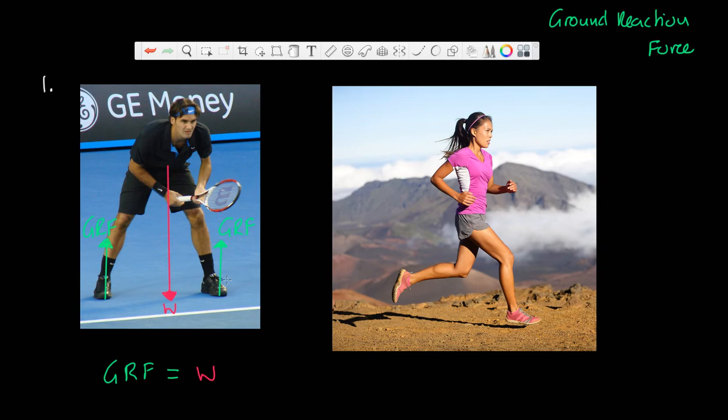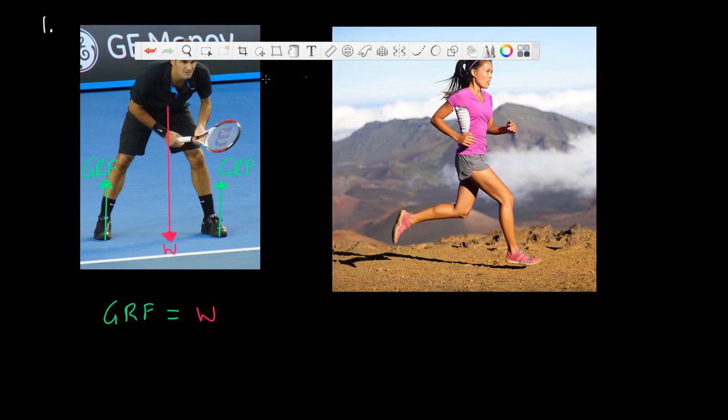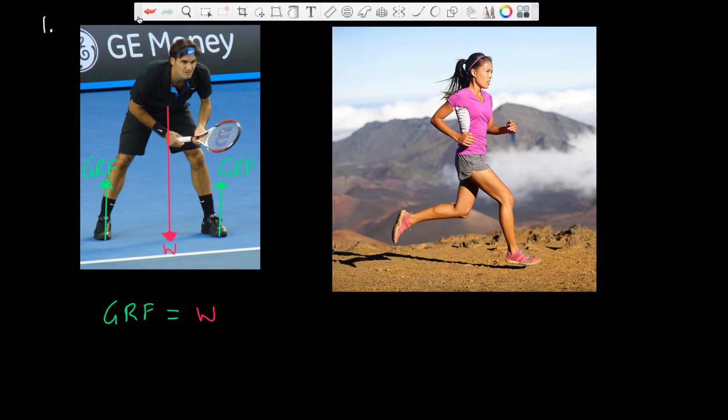So the result of this is that we're now in a situation where we would describe this as 0 net force. Now net, all that means is total force, 0 net force. So we could also say here that we have a situation of no movement.